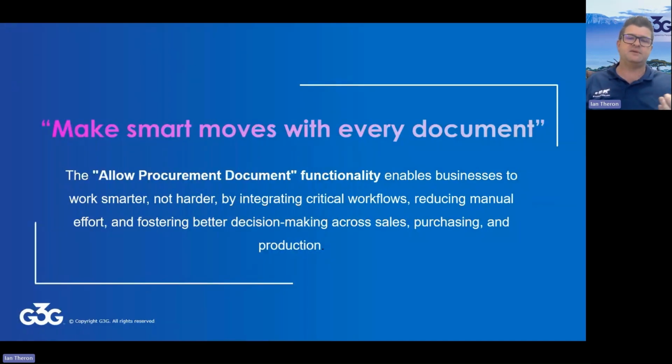Then number 5, enhance visibility and control. So this is more on the control side, where the line manager or the operations manager can actually monitor what's happening in the procurement and on the production side. So this basically just improves oversight from a management perspective.